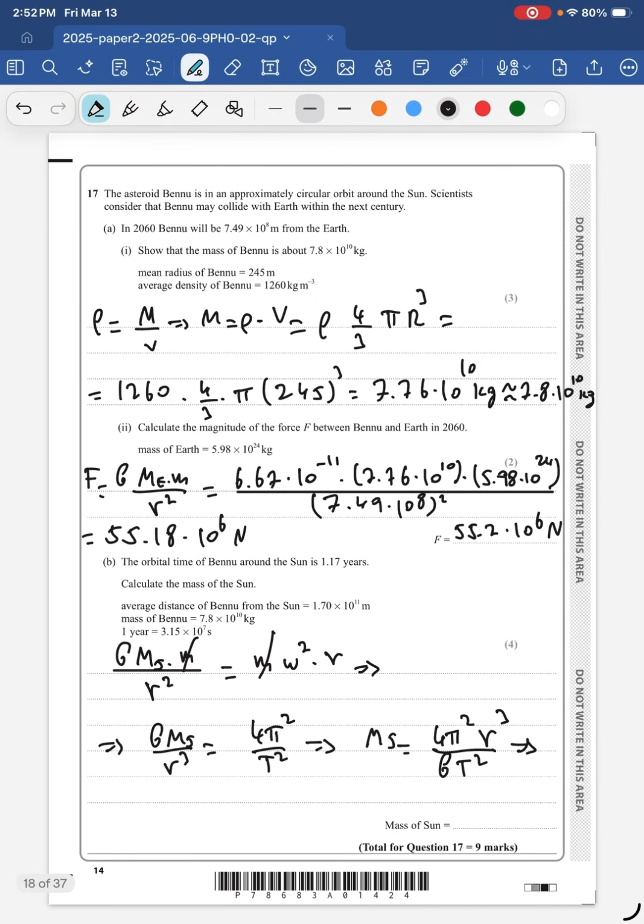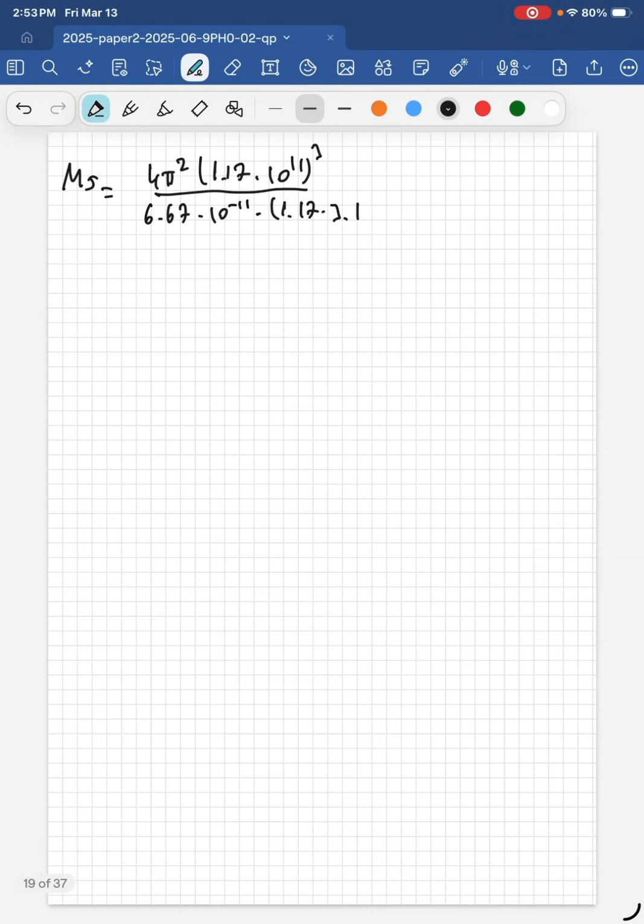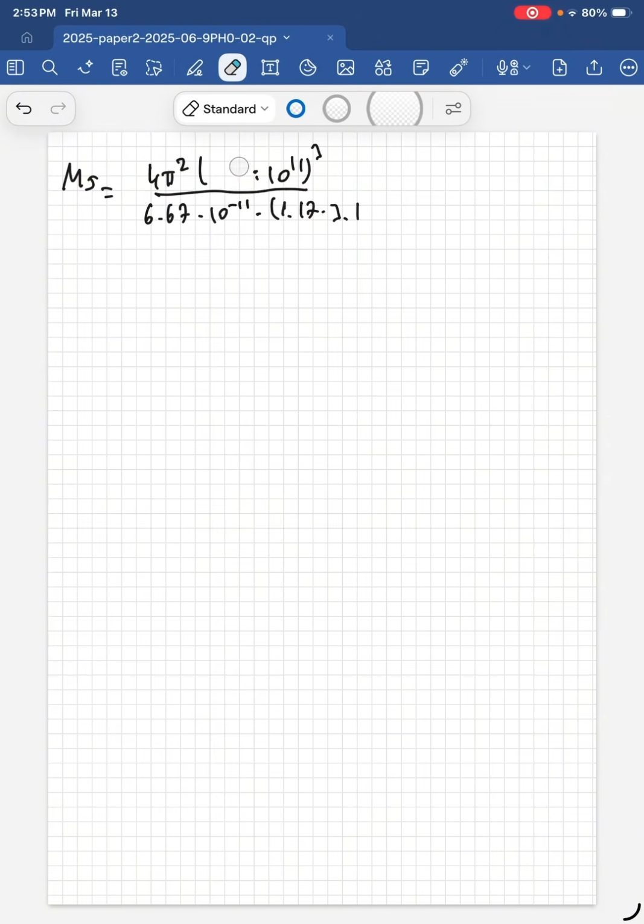Wait, I think I confused something. Yeah, this is 1.7, guys. I'm sorry, I made a mistake. So this is the radius. The radius is 1.7. Let me erase everything.